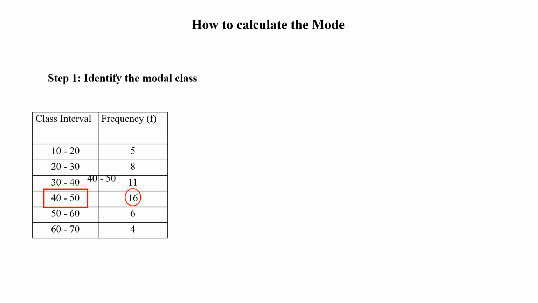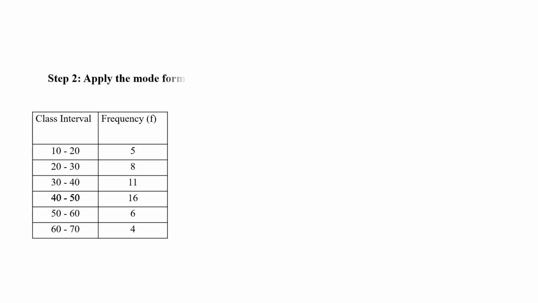So here the class interval 40 to 50 is our modal class. Let's now move to the second step, how to apply the modal formula. The modal formula for the mode of the grouped data set is presented as follows. And here is what each term means.